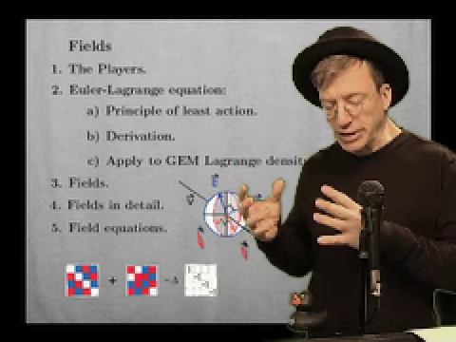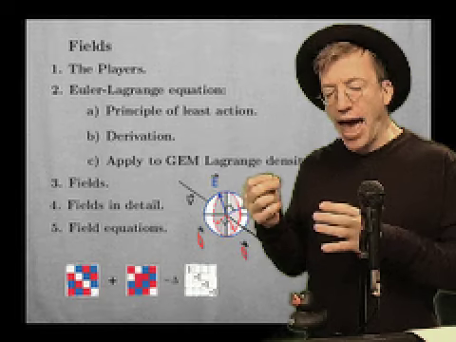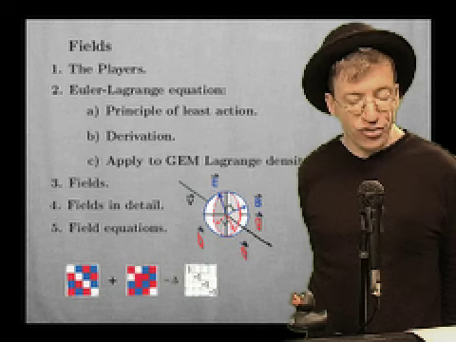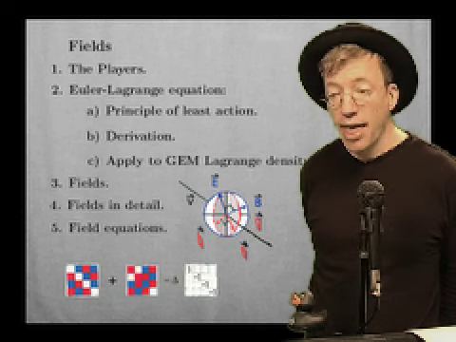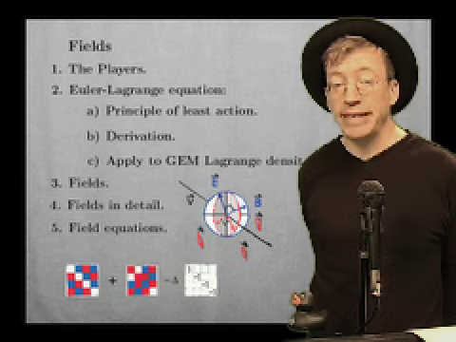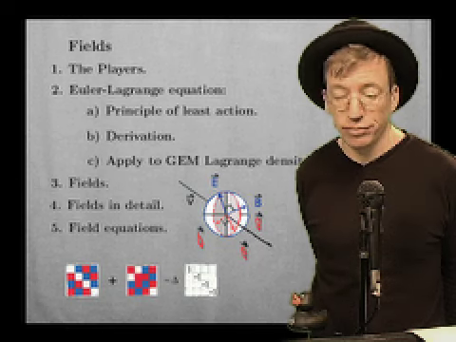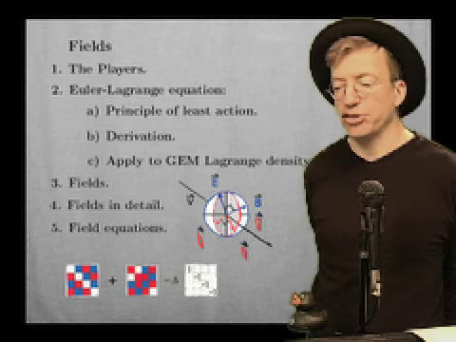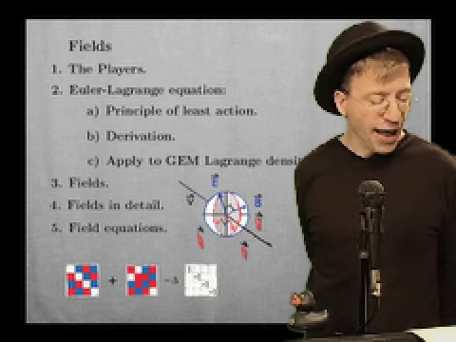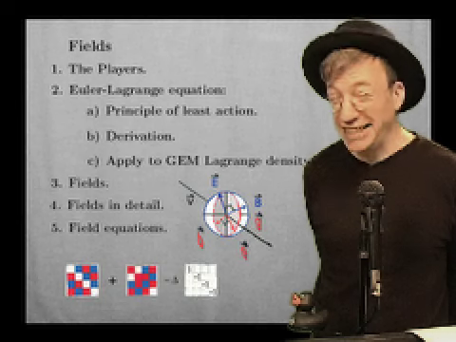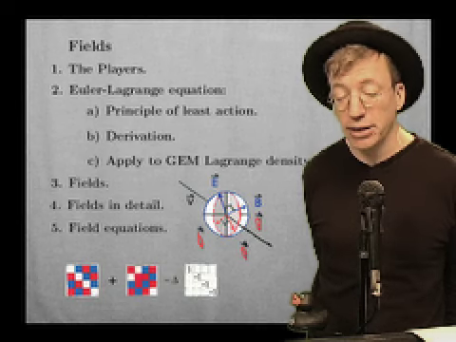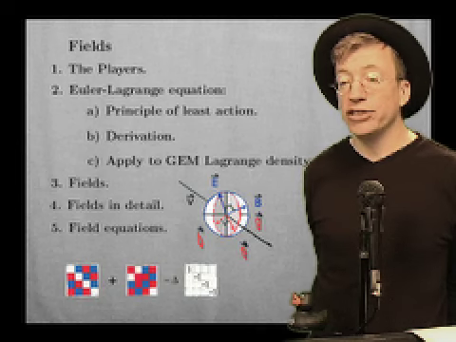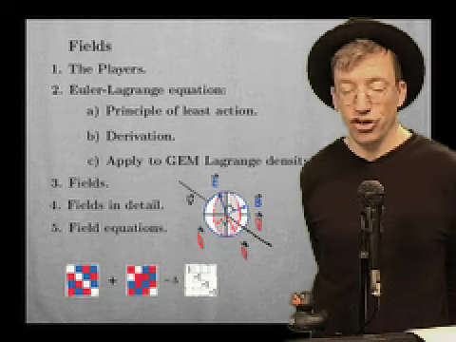The Euler-Lagrange equations tell you how to start from that and then get the field equations every time. I will then introduce fields, which is how the potential actually changes. That would be average Joe and the deviance, if you remember that from the tensor show. And then we will look at those fields in detail to look at all the little component parts. And then we will look at field equations. Field equations are how the fields change in time.